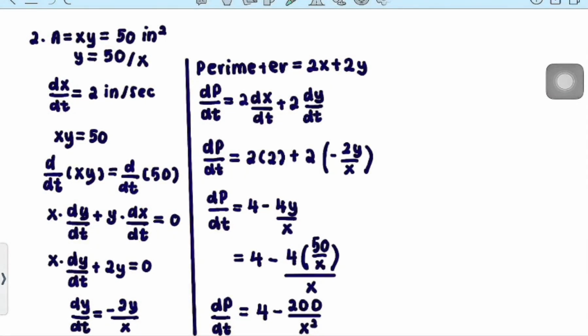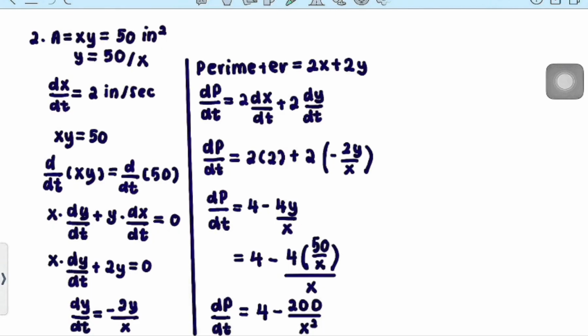Okay, for question number 2, first we are given a rectangle with a fixed area of 50 square inches, and the area of a rectangle is given by the formula area equal to x multiply with y. So we can write x times y equal to 50.